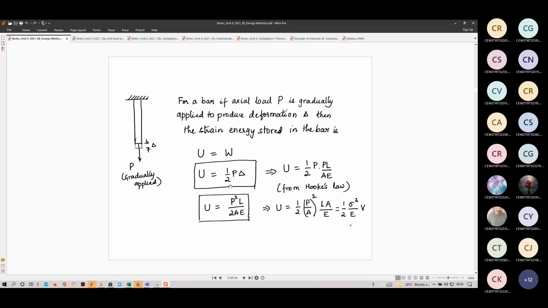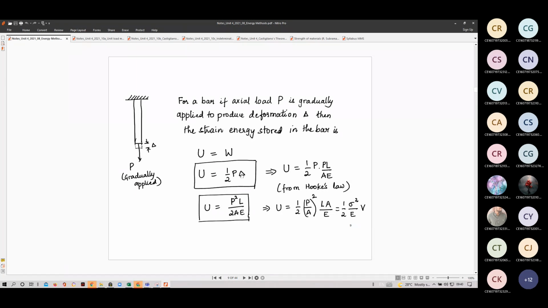So slide number 9: the strain energy stored due to axial load in a bar that is deforming axially. This will be used in trusses. Trusses are axial force members. So half P delta will be the strain energy stored, equal to work done. So work done is half P delta.